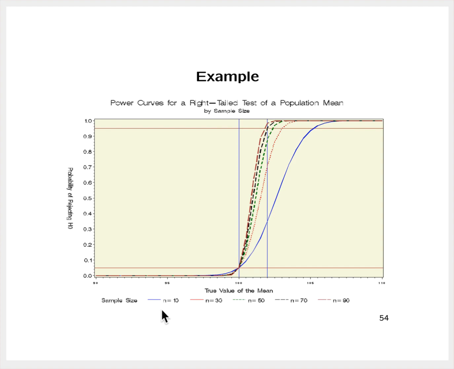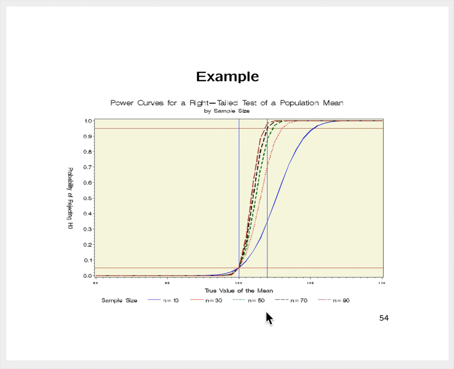Notice here that I've got a horizontal line at a value of power of 0.95. And so the question would be, for what sample size would the power function be at or above this horizontal line at that value of mu equal to 102?